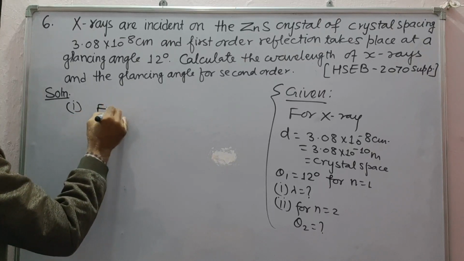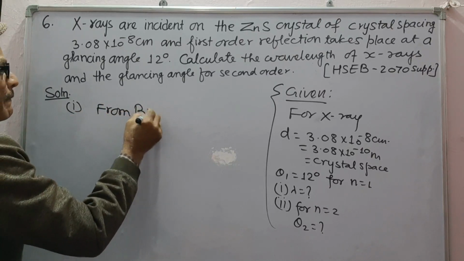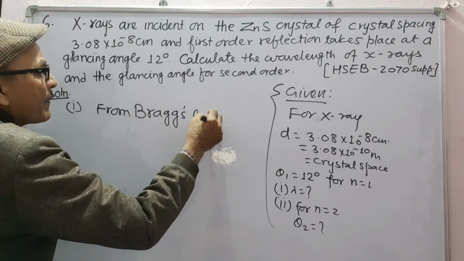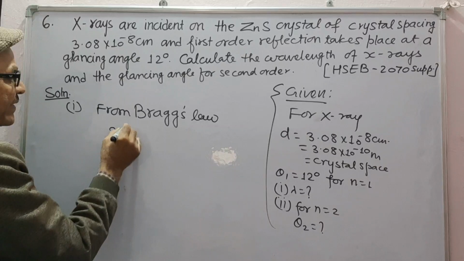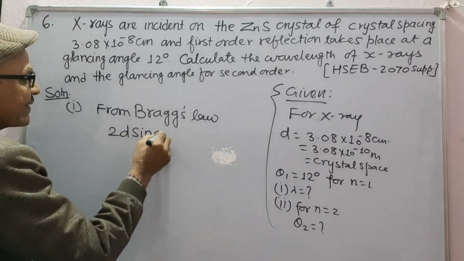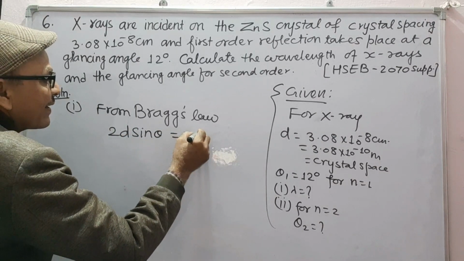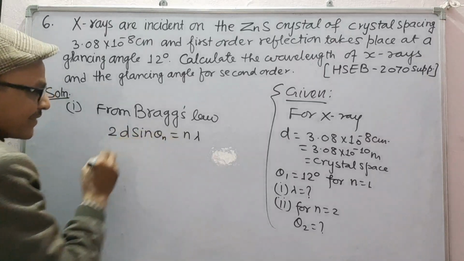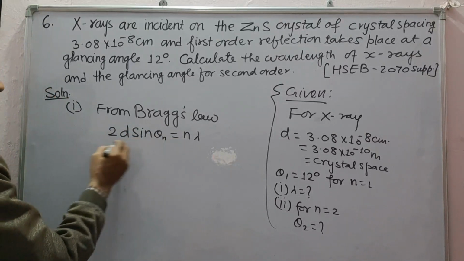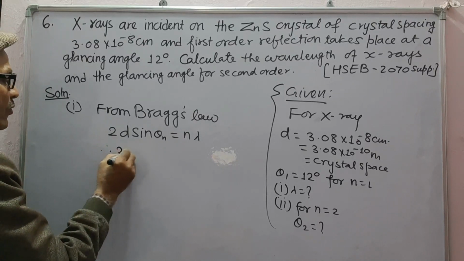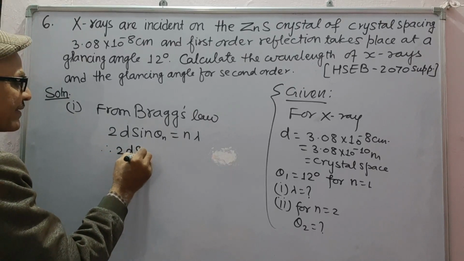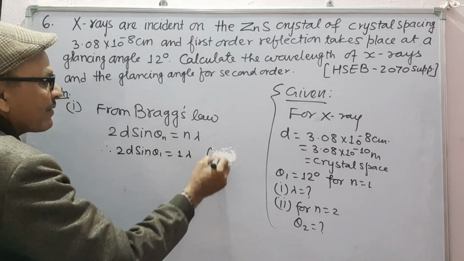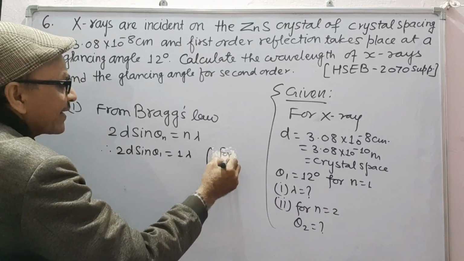Solution first, from Bragg's law, 2d sin theta is equal to n lambda. Therefore, for first order, 2d sin theta 1 will be equal to 1 lambda for n is equal to 1.